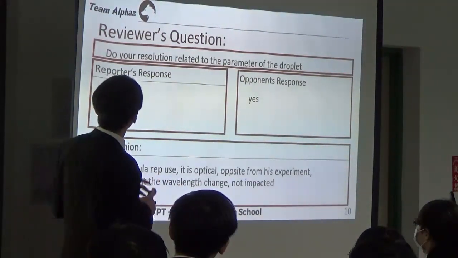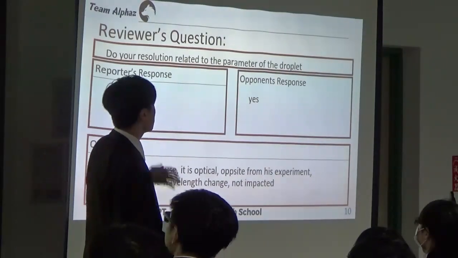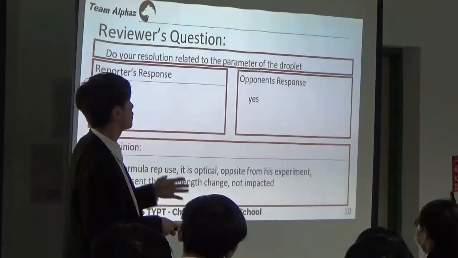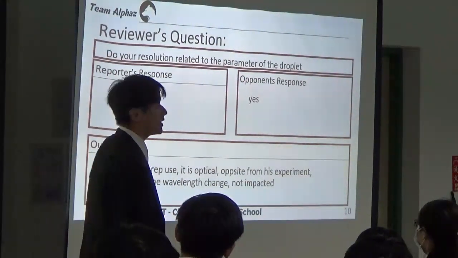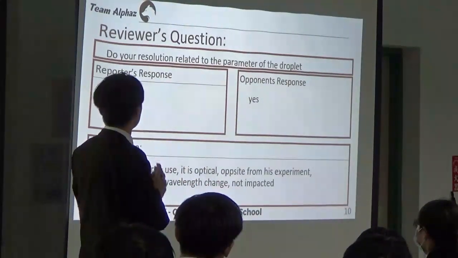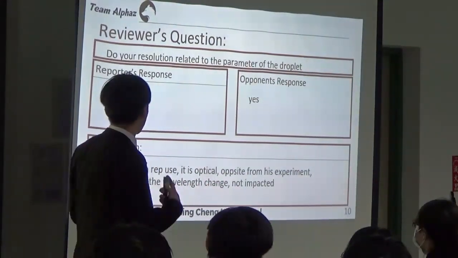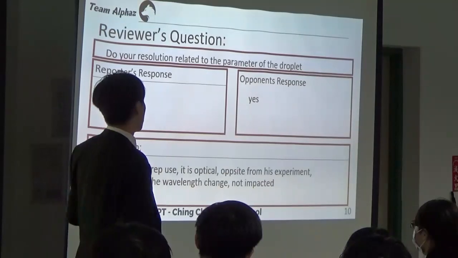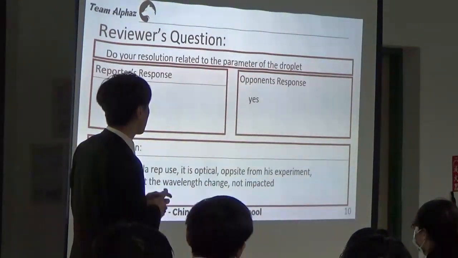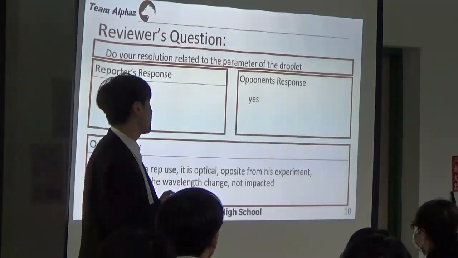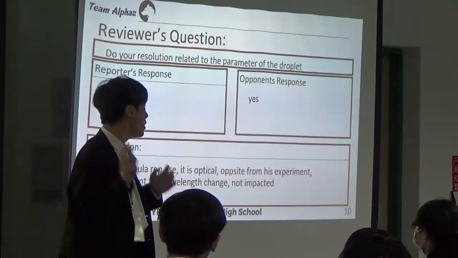For the question about the resolution's relation to the parameters of the droplets, they believe it will have effects. In our own opinion, the formula the reporter used is the optical resolution, which is different from his experiments, where he measured the image resolution.